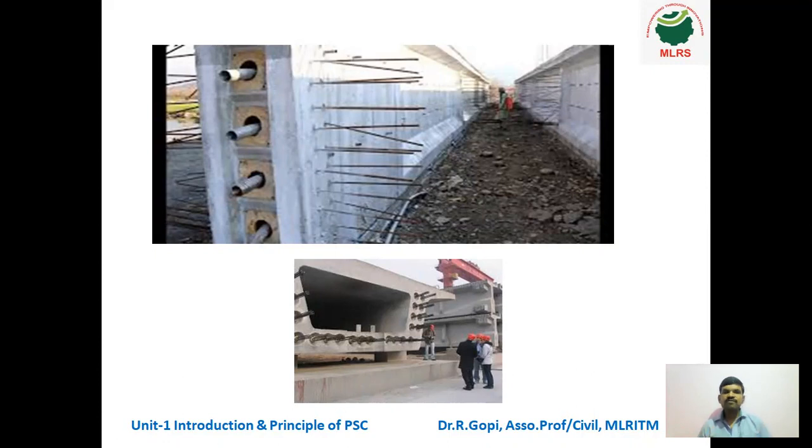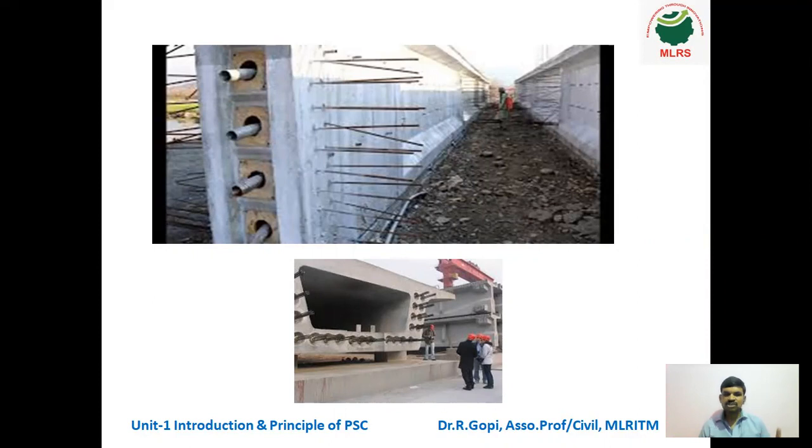Prefabricated pre-tensioned members are very small, that means very less in size, either length, breadth, or depth. If you take concrete sleepers or poles, these are very less in length and weight.